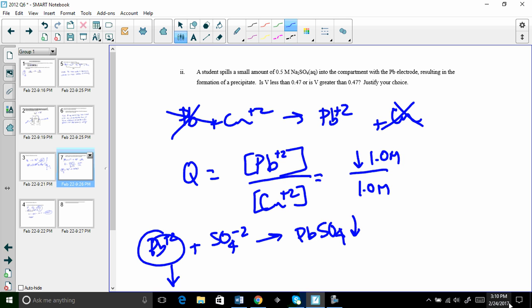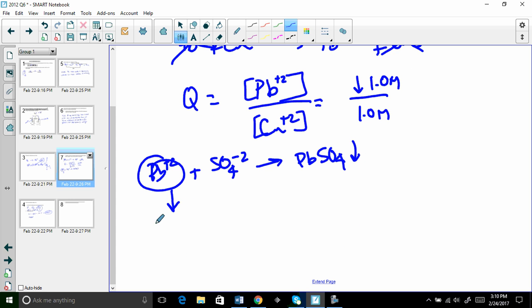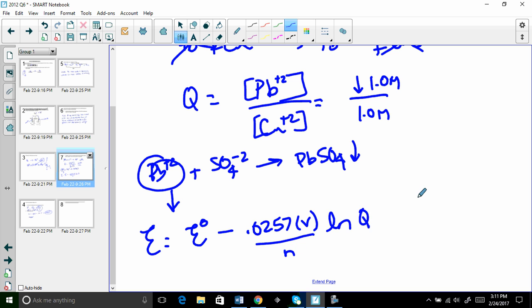And so what you need to understand from the Nernst equation is that the new voltage is equal to the old voltage, which was 0.47, minus 0.0257 V over n ln Q. But because Q is less than 1, a number less than 1 divided by 1, the ln of Q is negative.